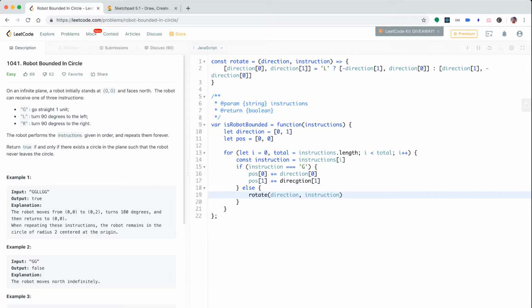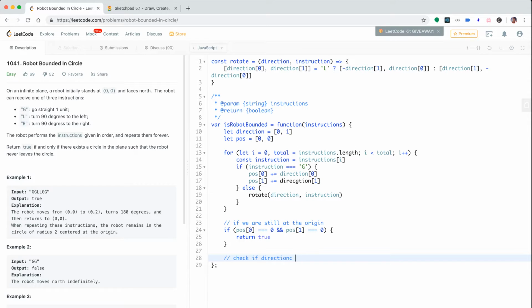Okay, and then we finally check if we are still at the origin. If pos 0 equals 0 and pos 1 equals 0, return true. Else, check if direction changes bigger than 90 degrees.